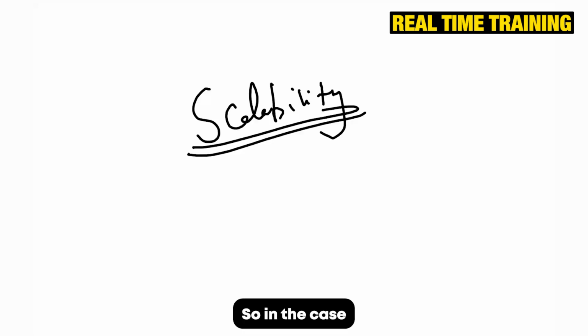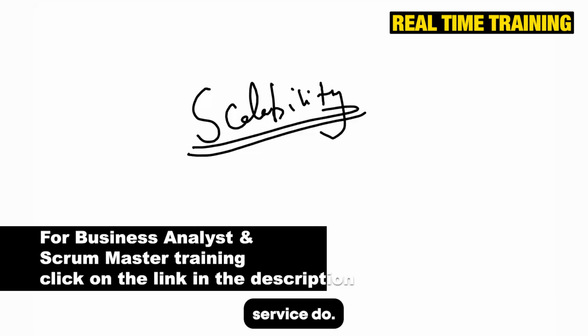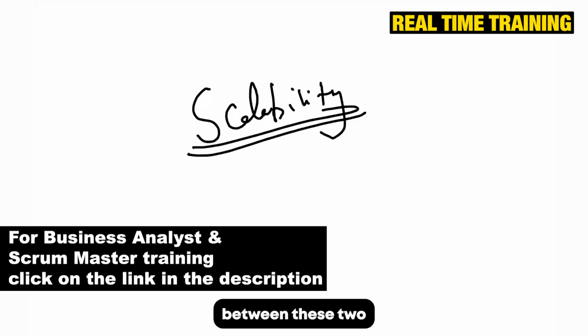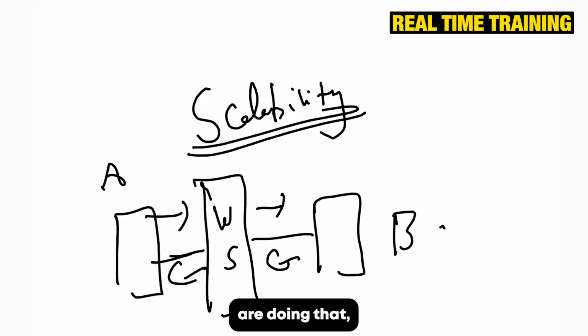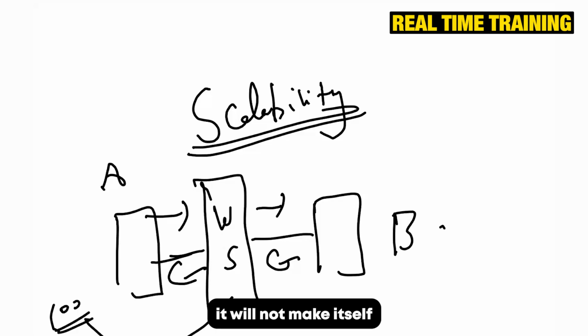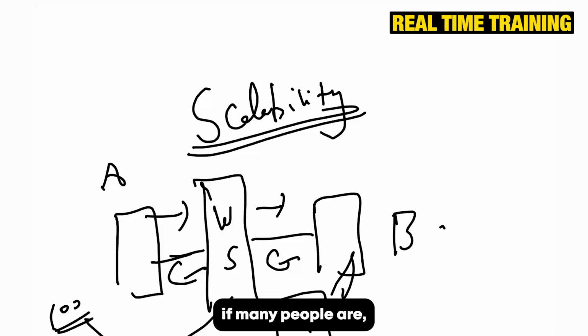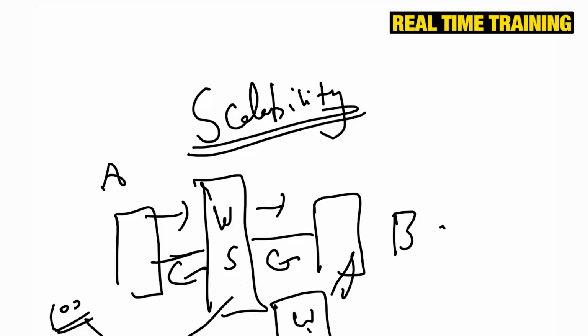Scalability. Say this is application A and application B, and the web service helps in the interaction between these two applications. Even if 100 people are doing that, the web service itself is not scalable, meaning it will not make itself into two web services. If many people are stimulating it, it will crash.